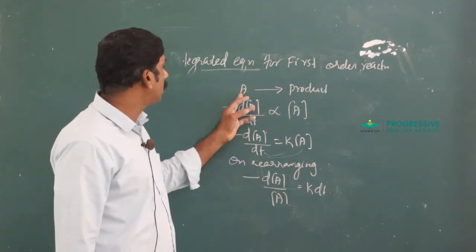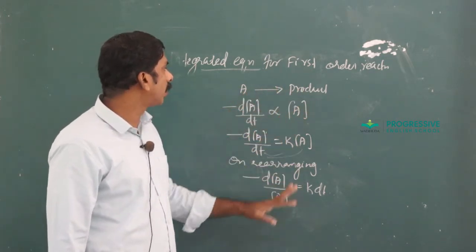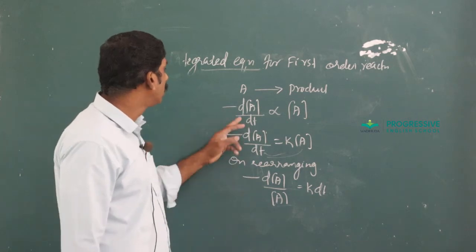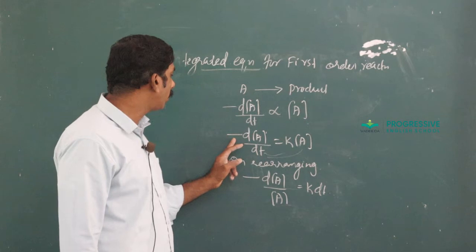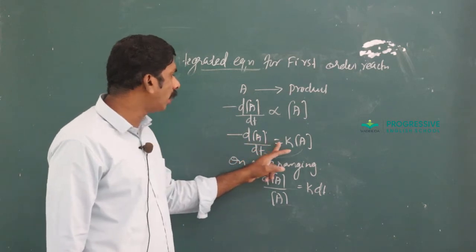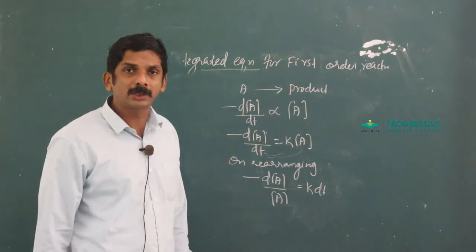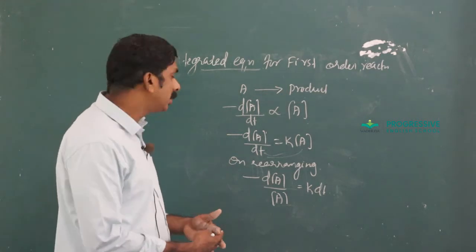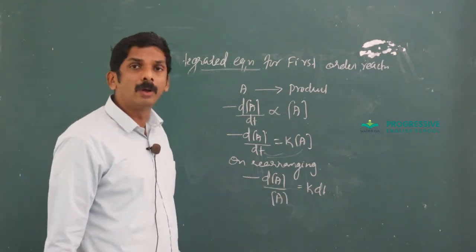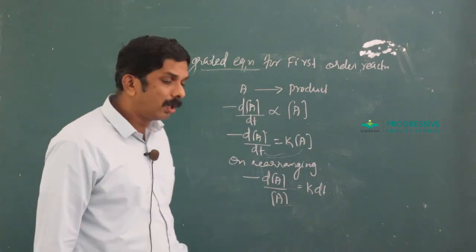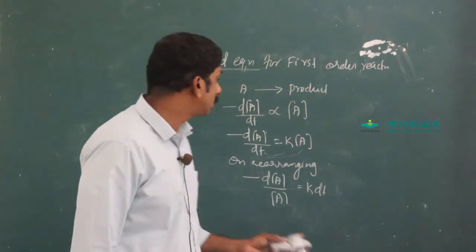Once more, consider a reaction A gives product which follows first order kinetics. Then the differential: minus dA by dt proportional to A, or minus dA by dt equal to K into the molar concentration of A. On rearranging this expression, minus dA by A equal to K into dt. Next, we integrate this equation.